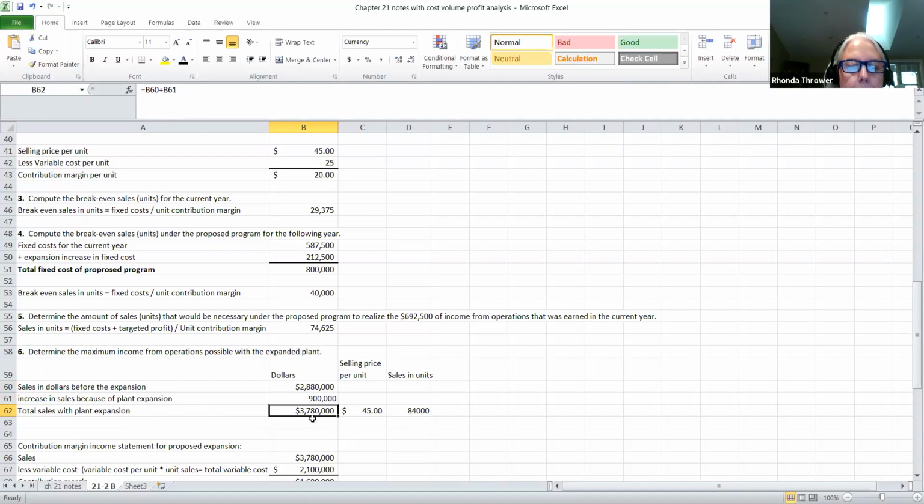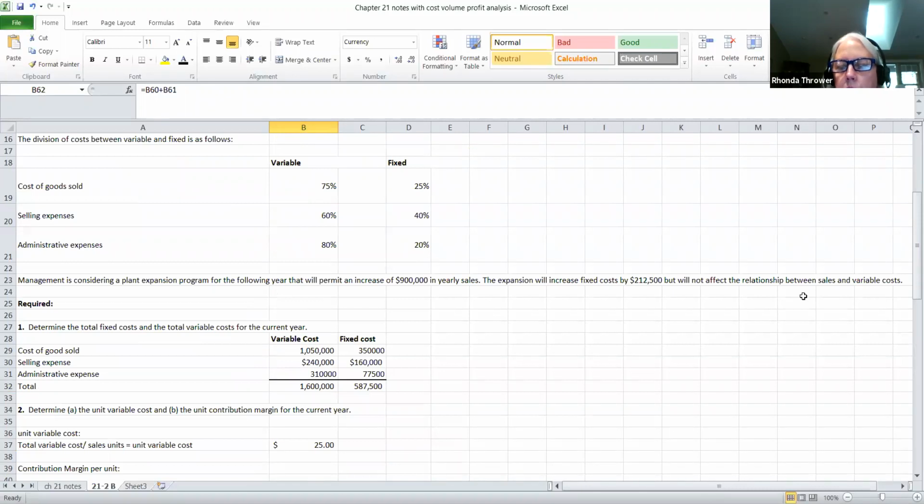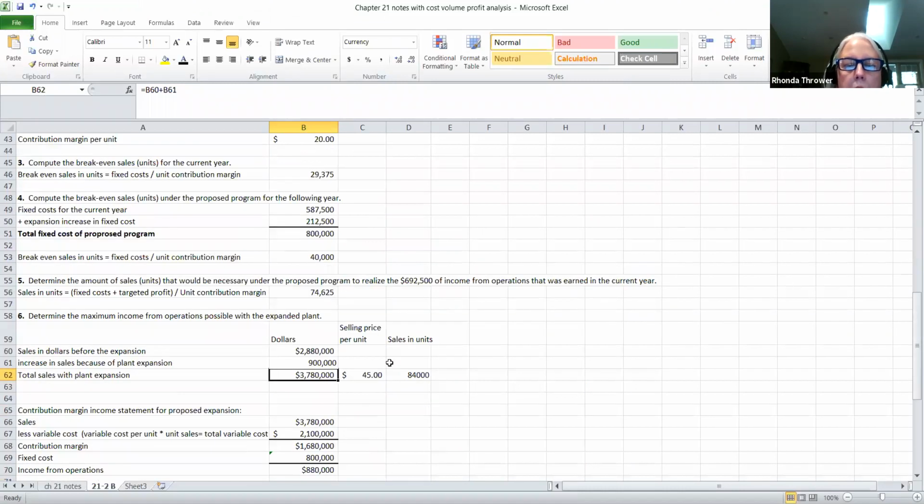Also, if we kept the selling price per unit the same, as they told you, there's not going to be a change between sales and variable cost. So our selling price per unit is going to remain the same.